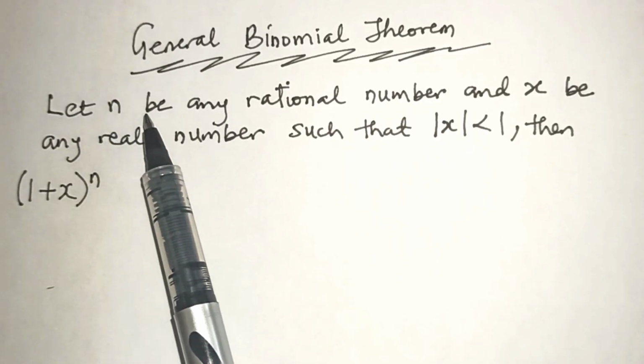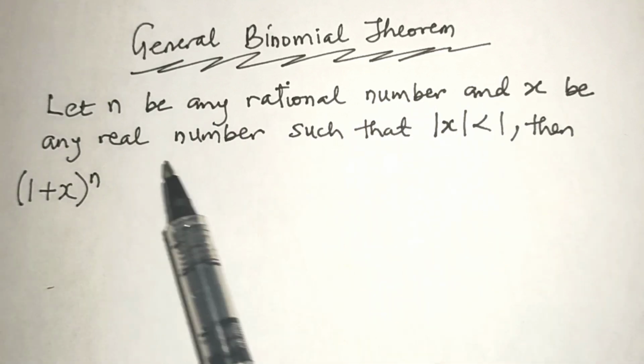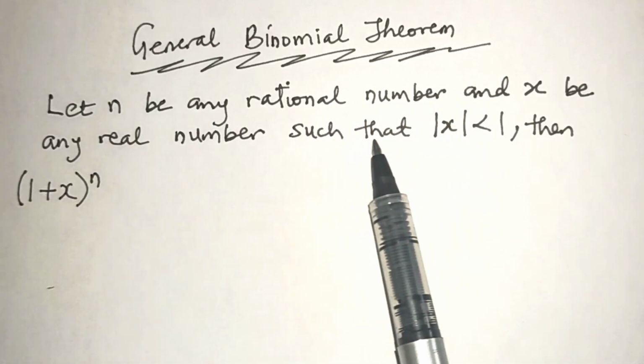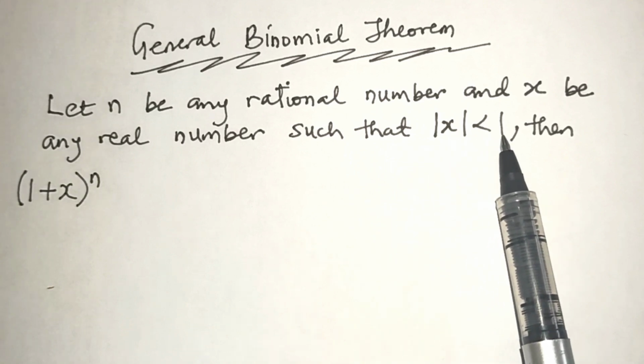Let n be any rational number and x be any real number such that the absolute value of x is less than 1.